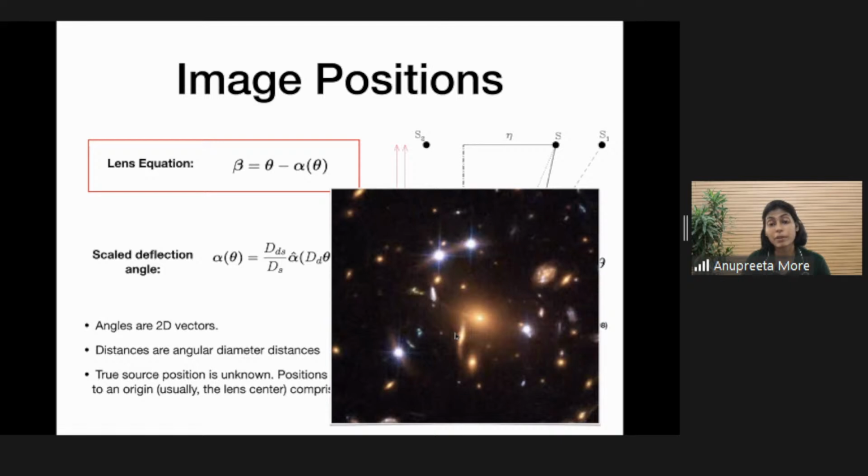If we can get spectroscopic data and the distances to the foreground lens and the background source, then we can solve this kind of lens equations, and we can go through various models for alpha of theta and determine what is the unknown source position, and also get constraints on this kind of model that goes into generating the alpha of theta. So this is mainly about the image positions.